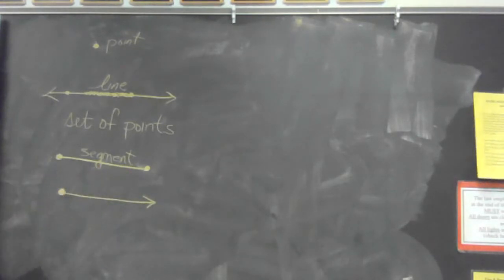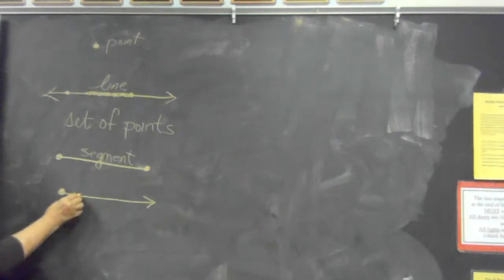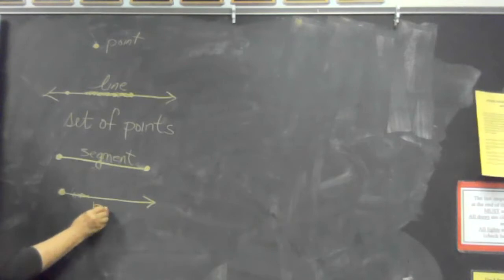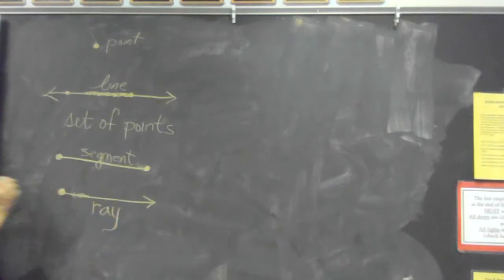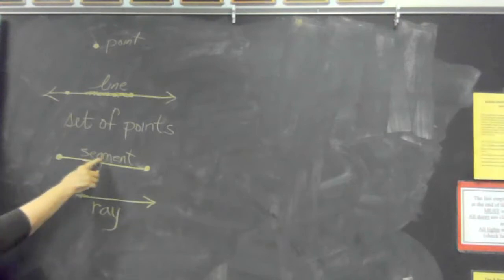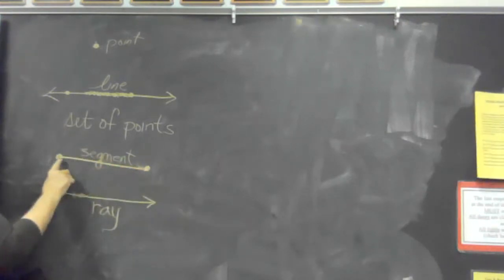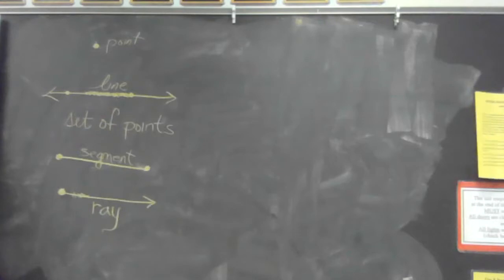But this is also a set of points, but this time a ray has a stopping point, one stopping point. A segment has two endpoints. A line has no endpoints, which means it goes on forever. Ever and ever and ever and ever.